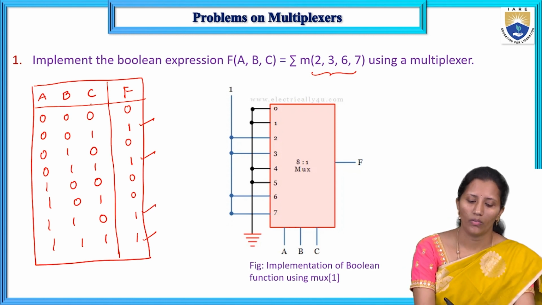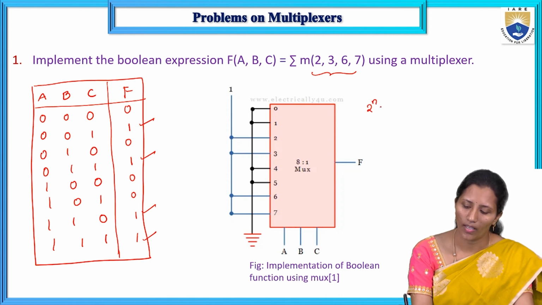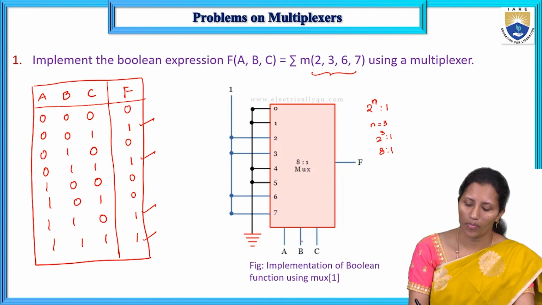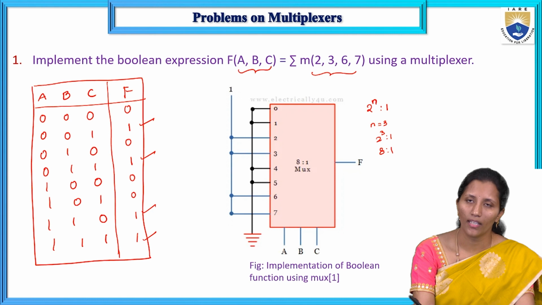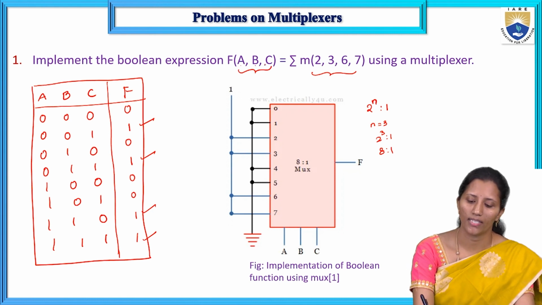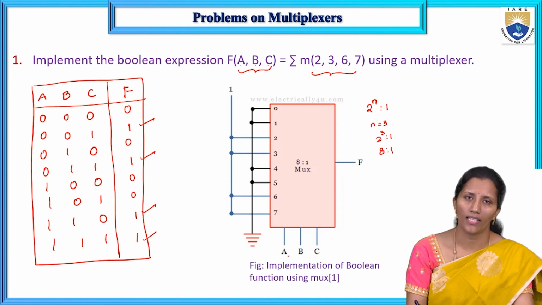We have 3 inputs, so n is equal to 3 and 2 power 3, that is an 8:1 multiplexer, is used here. Whatever inputs A, B, C are there, we take those inputs as the selection lines.